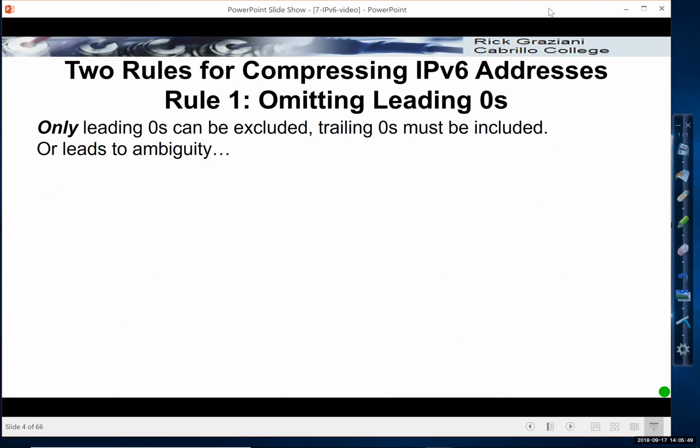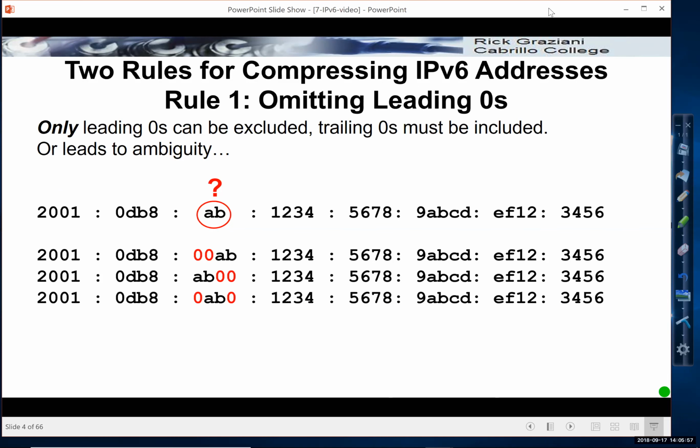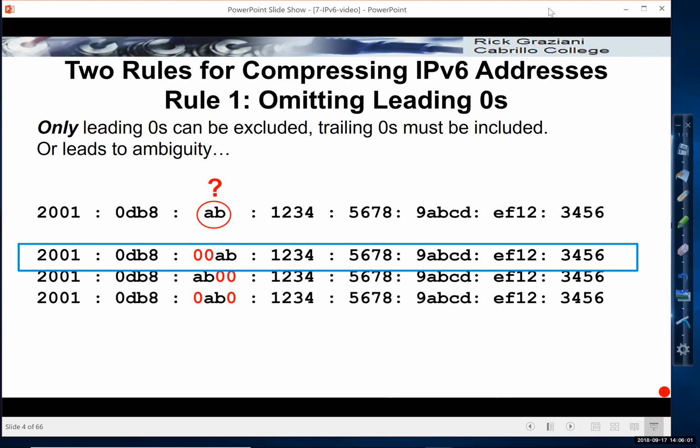And I said only leading zeros, not trailing zeros, because if we allowed trailing zeros to be omitted, we wouldn't know what this was. It could be any one of those. But it's only leading zeros, so we know it's the first 2 zeros. That's actually the first 8 bits in binary, 4 bits per hexadecimal digit.